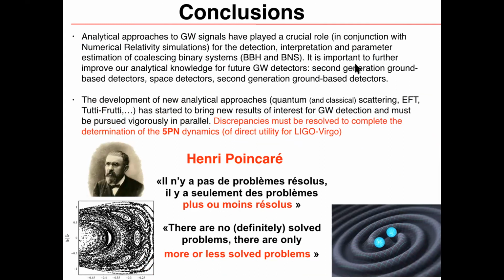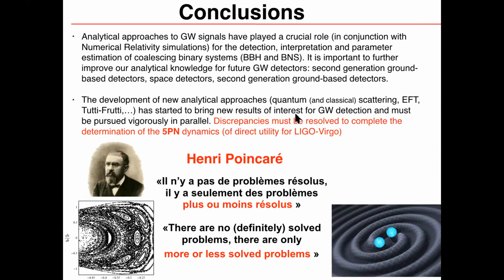Just to conclude, evidently, I should have emphasized it more. It is true that it is important to improve our knowledge of the dynamics of 2 bodies, and the scattering approach is very useful. But the point is that when taking into account radiation-related effects, there are discrepancies between 3 different papers at the 5PN level.